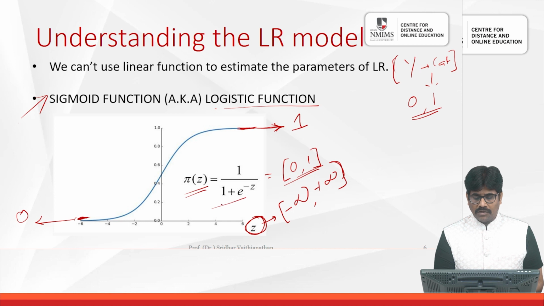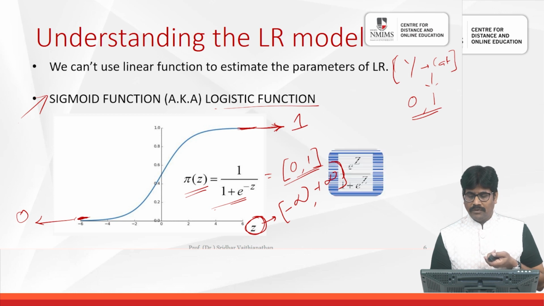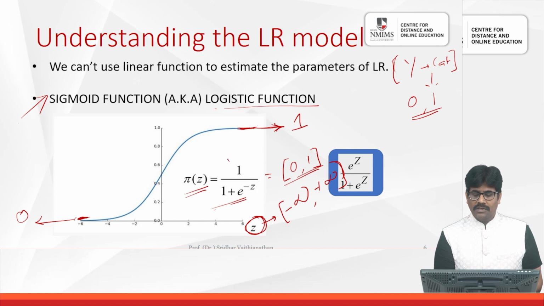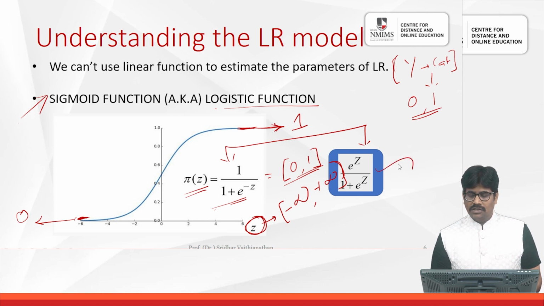The equation of pi of z, which is equal to 1 divided by 1 plus e power minus z, has variations that you will see in very many books, which is basically e power z divided by 1 plus e power z. Both of these are similar, where e power minus z is expanded and then simplified like this. So this is also the same.